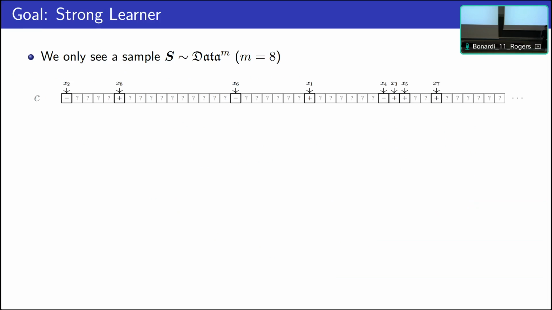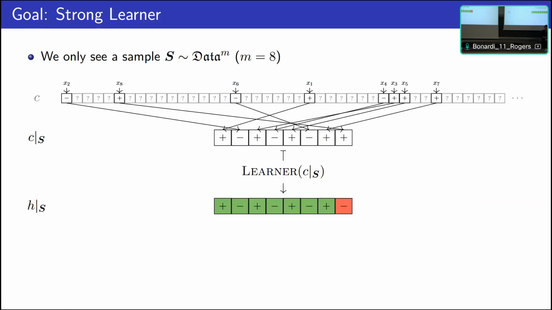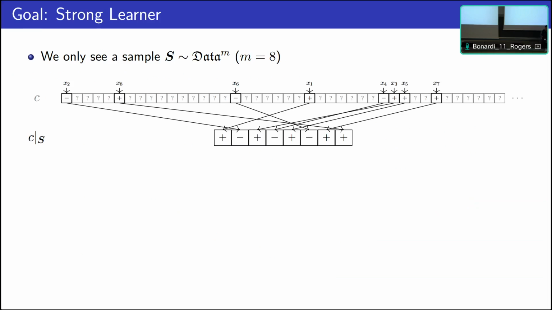We only see some samples, IID samples from the distribution, which will be our training data. And this notation here, sometimes people are not that used to it. It's like the restriction of a function to the given set.